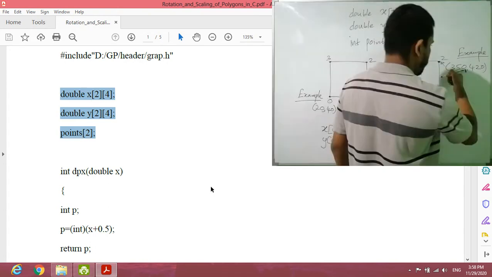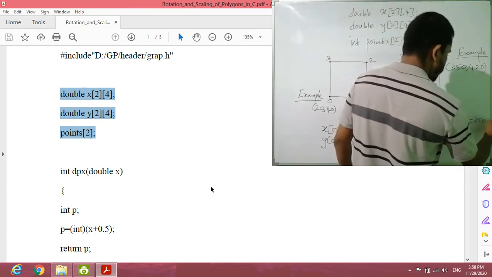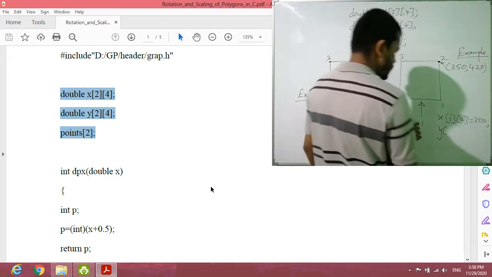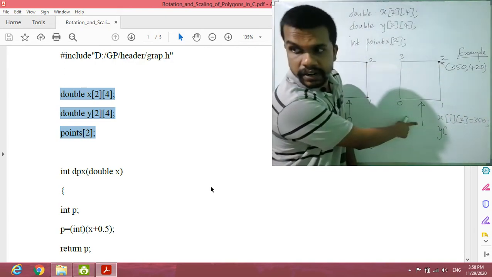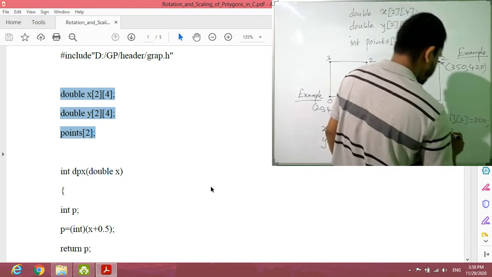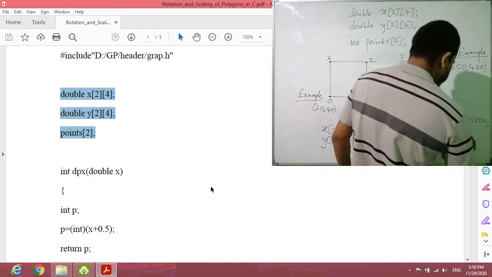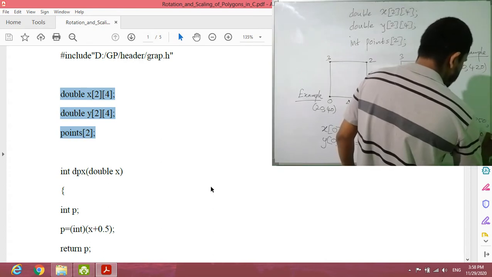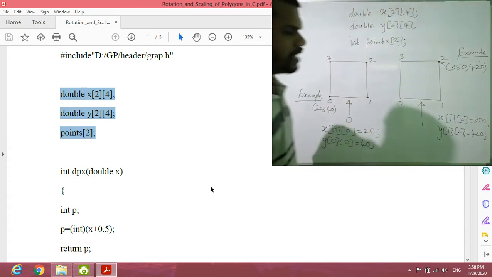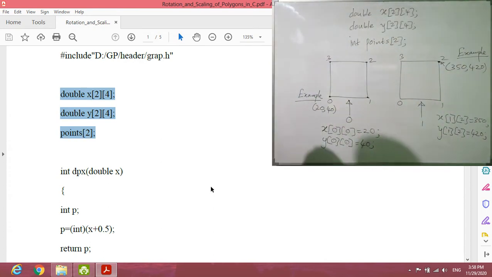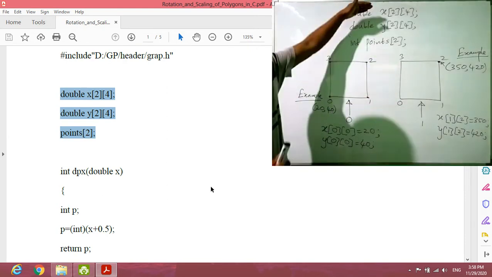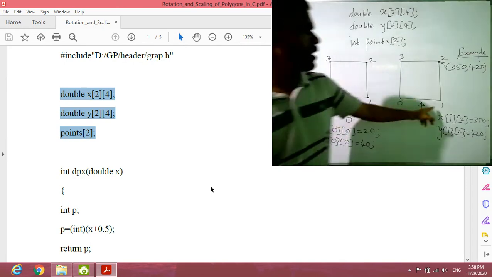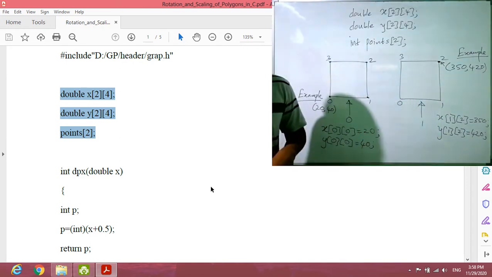Here you put 350, and now y, square 1, vertex number 2, you put this value. In that way we can store these vertices using these two-dimensional arrays.